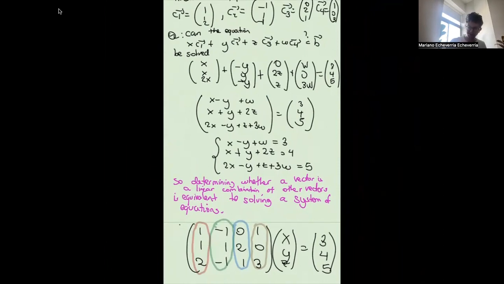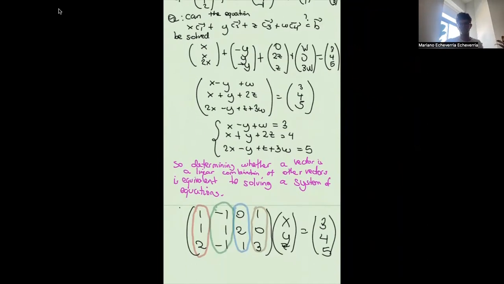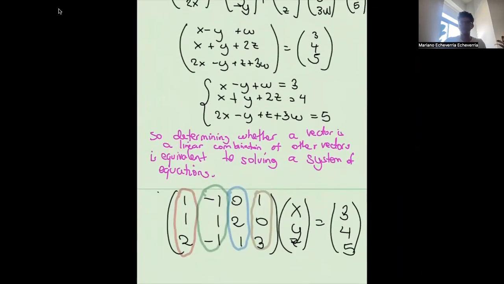How are these columns related to the original vectors? They are just the vectors we started with, right?